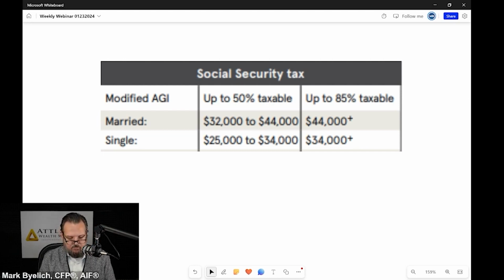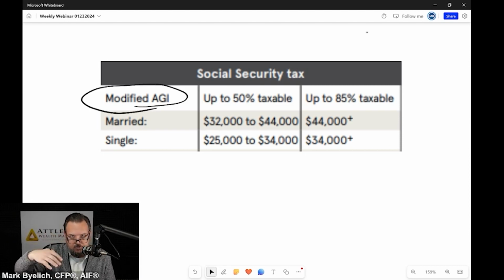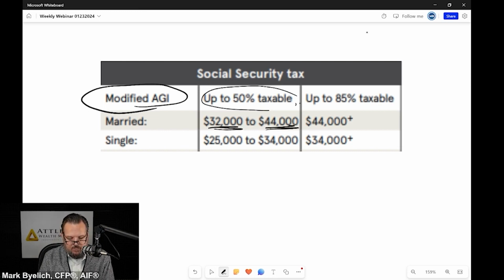So modified adjusted gross income, same thing that's tracked on the Medicare surcharge that I just talked about. Modified adjusted gross income up to 50% taxable. So anything below these thresholds is zero tax on your Social Security. But once you cross over $32,000 if you're married, up to $44,000, up to 50% of your Social Security is subject to tax.